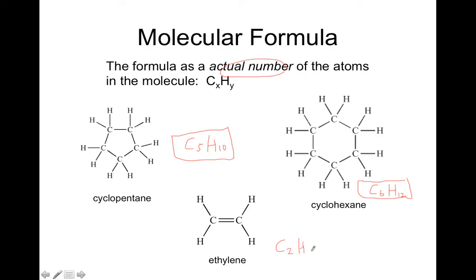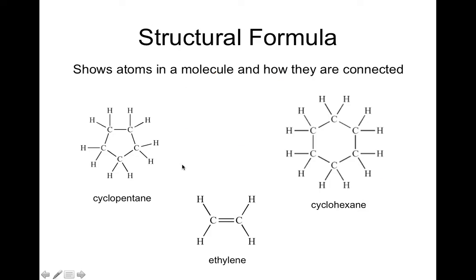Ethylene, I can see it by looking at it, is C2H4. So these three have different molecular formulas but the same empirical formula. The molecular formula, again, is the actual number of the atoms in the molecule, CxHy.